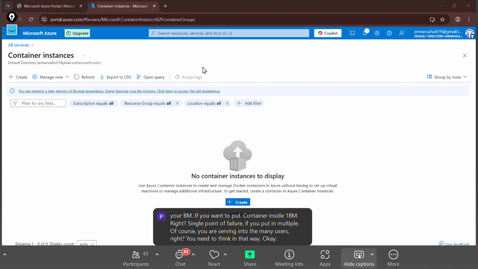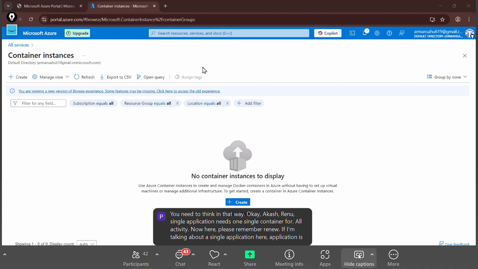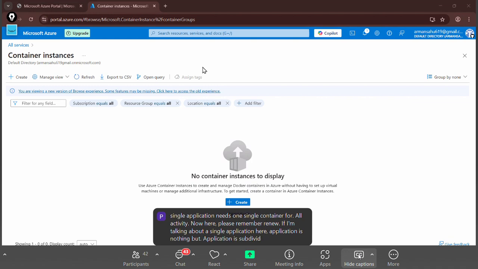Okay, Akash? Renu, single application needs one single container for all activity. Now here, please remember Renu, if I'm talking about a single application, the application is subdivided into small services. Small services are packaged together within the container.